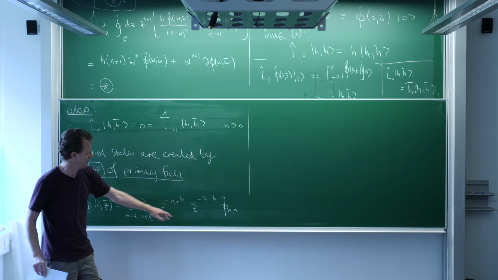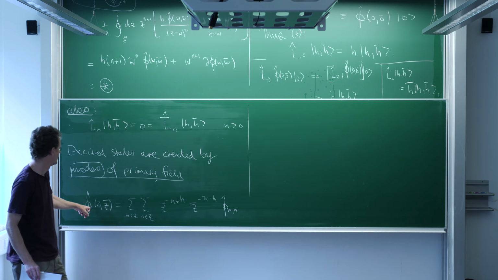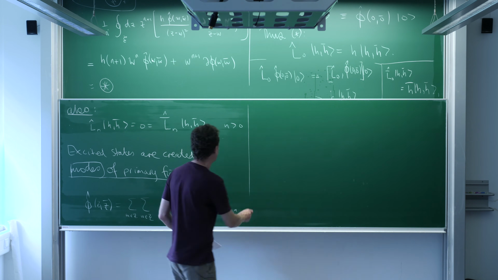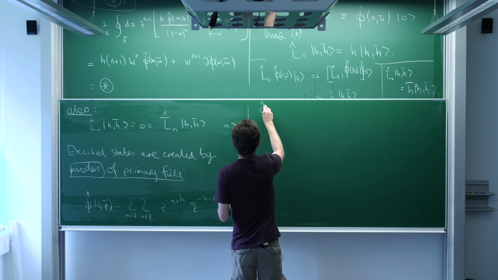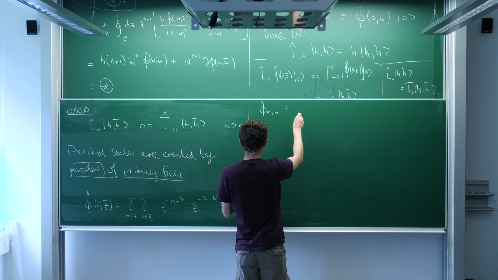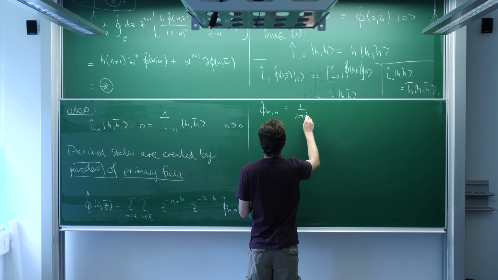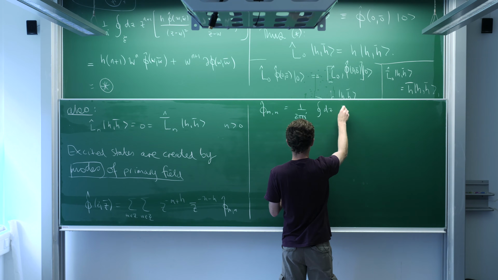In doing so, we can define the modes of a primary field just by this Fourier type relation, say, on the unit circle. And inverting that Laurent series, we can express the modes in terms of the primary field.